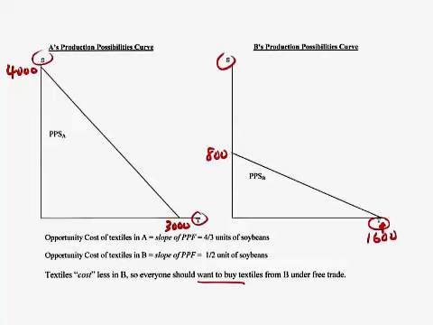So if, for example, we said that the total demand for textiles was 2,000 units, because country B doesn't have the physical capacity to produce 2,000, then country B will do the best it can, and then country A would have to make up the difference. So country A would have to continue to produce some textiles, for example, at a point such as this, which means that it would produce not 4,000 units of soybean, but some smaller quantity to be at a point such as this.